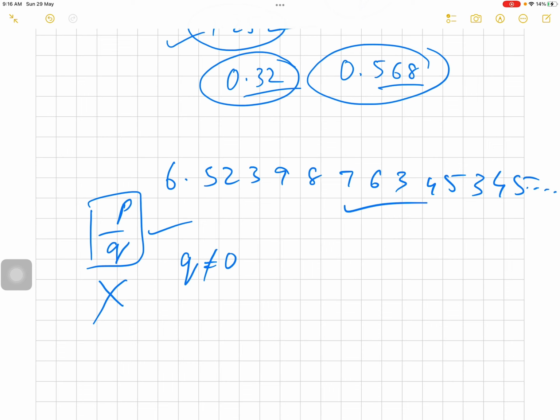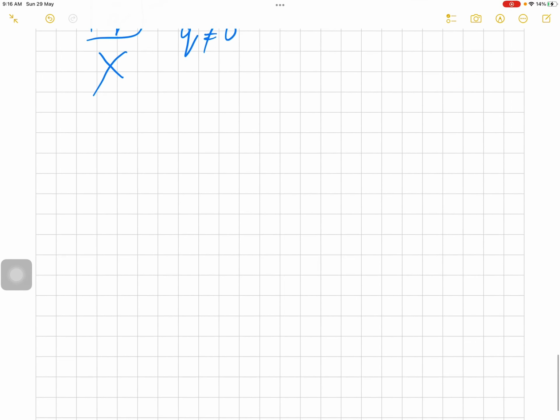Let us express the following decimals as rational numbers. I'll give you one example. The first one is 0.555. It is ending here. Is it a rational number? Let's see whether we can write it in P by Q form. This can be written as 0.555 divided by 1.